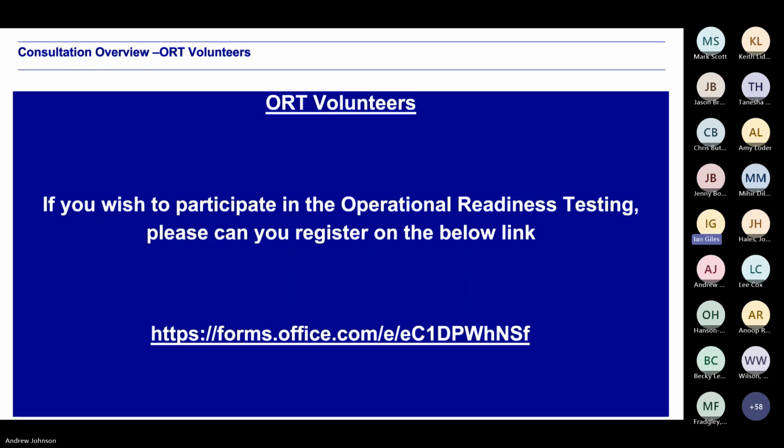Did I see another hand or question? Ian, you mentioned an approach document. Sorry, I was on holiday on Friday. Is this the LDSO cross-party service desk model approach document? No, as part of the consultation, I think there were 5 documents. One was the cross-party service desk approach, but another document was the ORT approach as well.